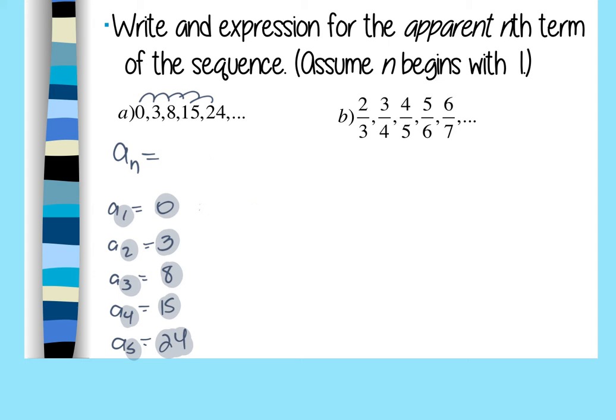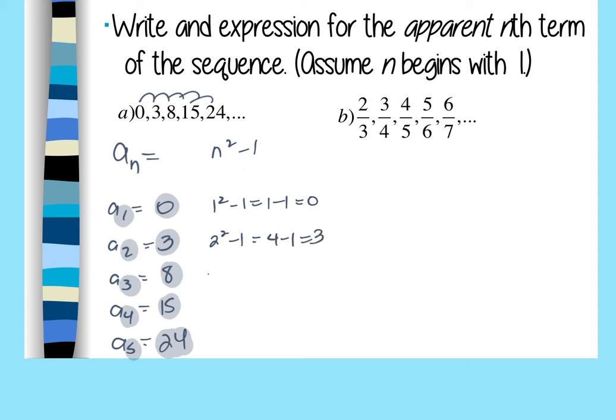What else could we get? Oh, sorry, Grayson. n squared minus 1, n squared minus 1. So this would be 1 squared minus 1. That's 1 minus 1, which is 0. 2 squared minus 1. That's 4 minus 1, which is 3.